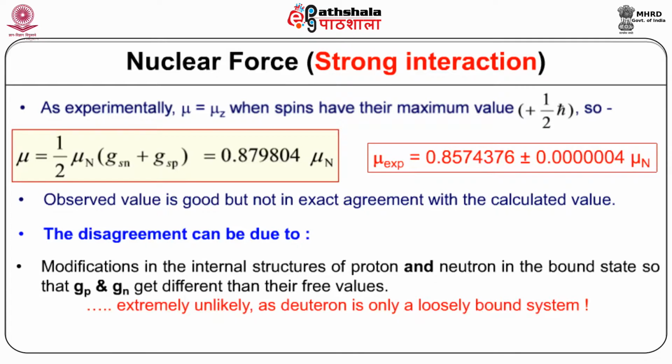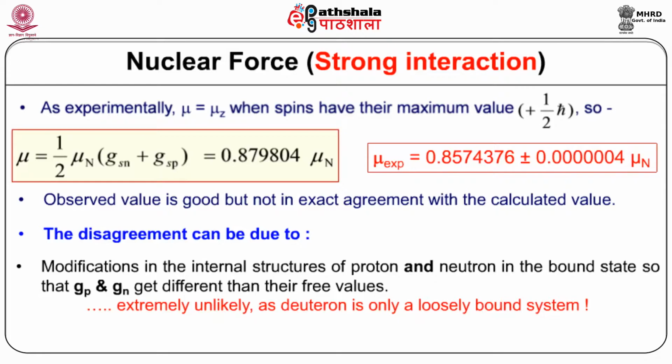One important point in the disagreement can be that the Gp and Gn that we used in calculating the value of mu are different from their free values, because in the calculation we have used their free values, which are the maximum ones, but when the nucleons are in the nuclear environment, they are not free, and so the Gp and Gn values will be different from their free values.